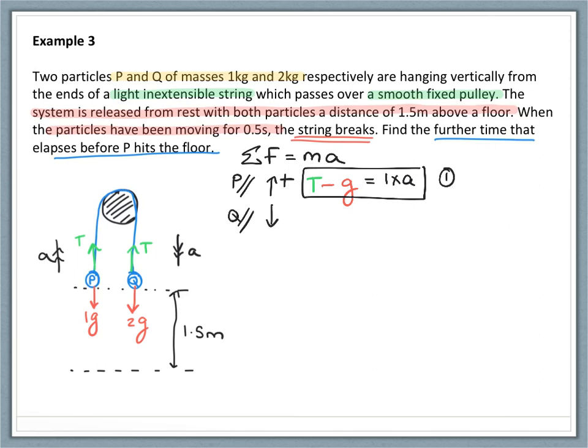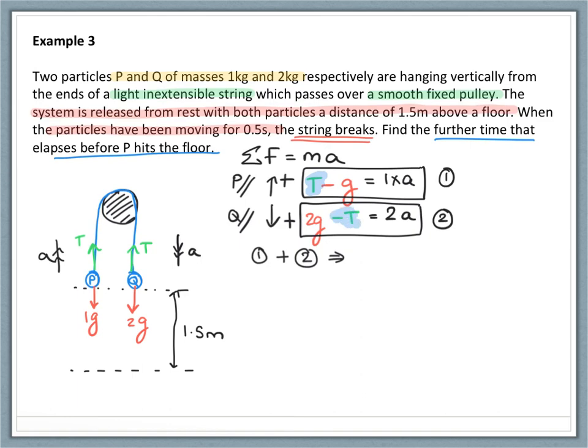Q will take down as being positive, so we have 2g downwards, T upwards, and this is equal to the mass of Q, which is 2, multiplied by its acceleration. Now, let's add these together, as we've seen consistently in a lot of these examples.